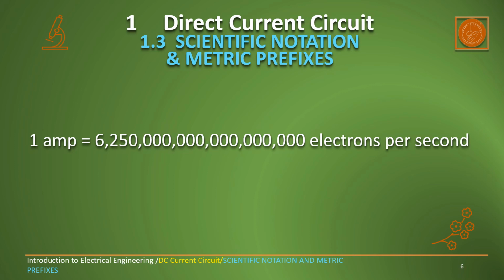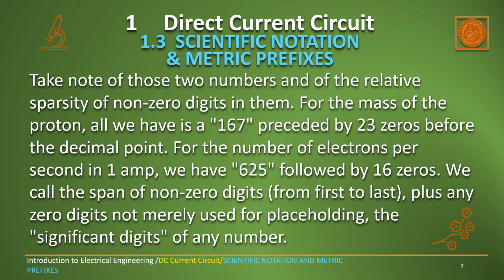It can get quite confusing to handle so many zero digits in numbers like this. Even if we use a calculator or computer, we still feel confused. Take note of those two numbers and of the relative sparsity of non-zero digits in them.